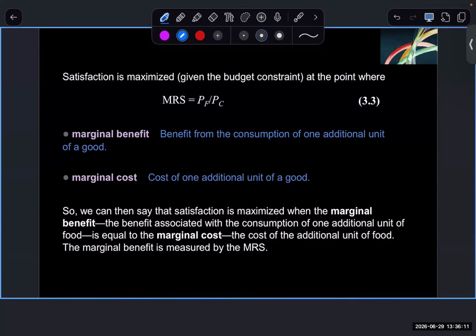Marginal benefit means the benefit from the consumption of one additional unit of a good, which is represented by MRS. And the marginal cost is the cost of one additional unit of a good, which is represented by the price ratio.